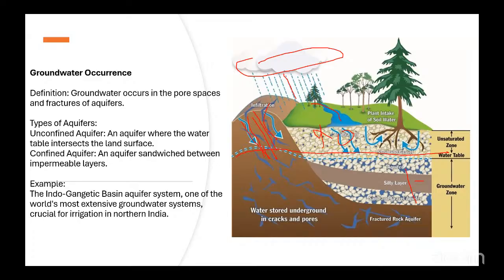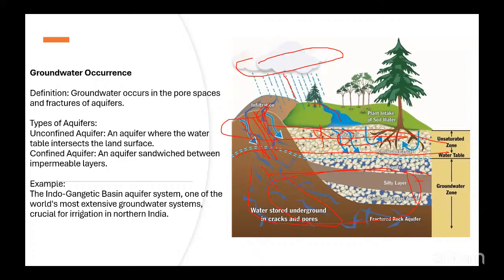These cracks, fractures, or gap spaces present in the rock formation are also filled with water. Here you can see water and air will be there. But here you can see water stored underground in cracks and pore spaces. This region is called the groundwater zone or saturated zone, and this region is the unsaturated zone.